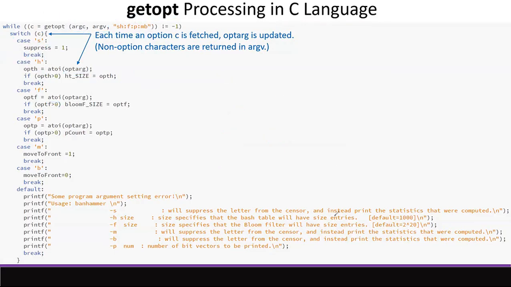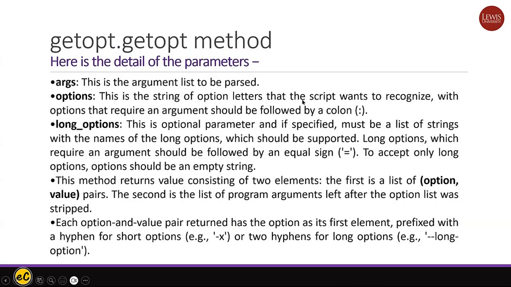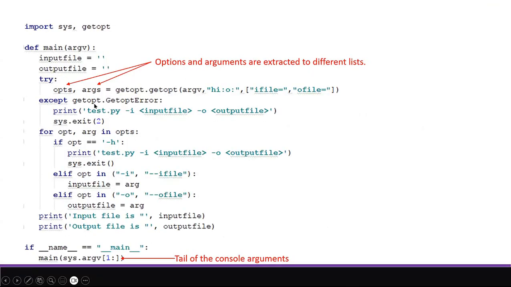No. This one is C language to process the option. Okay, so that's that. So here we have the Python version. The Python version will return options and arguments. Okay, so the argument vector, and then this one I think is the options.